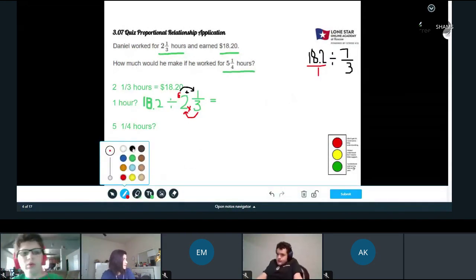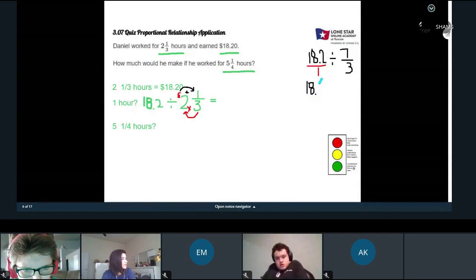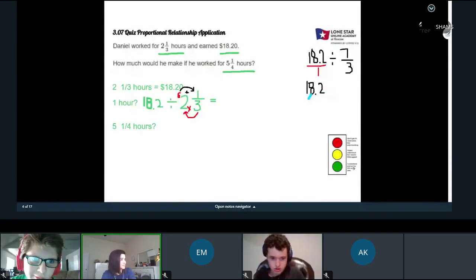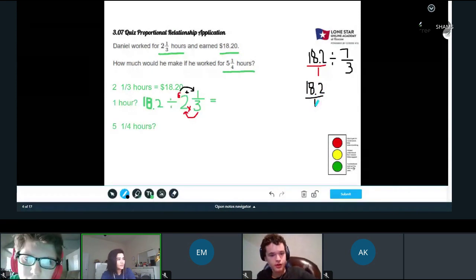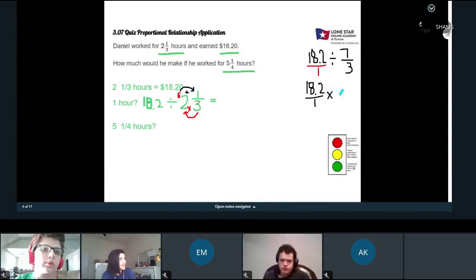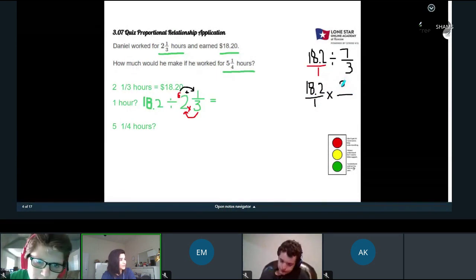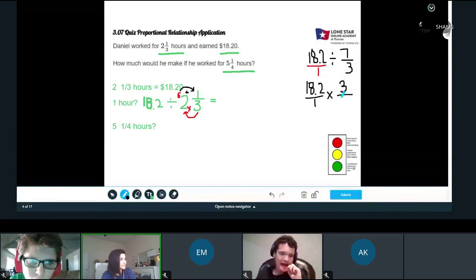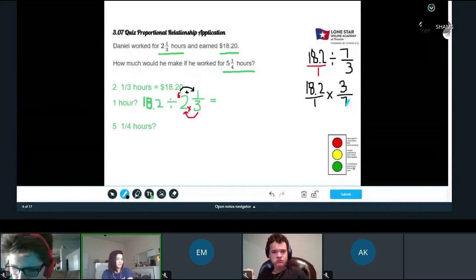Keep the first fraction, so I'll write 18.2 over 1. This is my first fraction. I change division to multiplication, and then flip the second fraction. It will become 3 over 7. And this is how I can find for 1 hour.